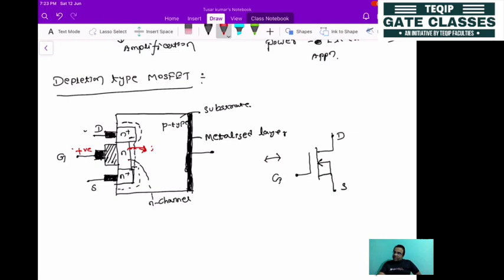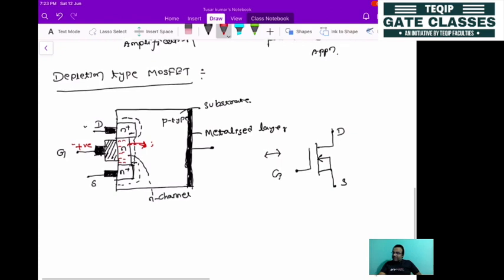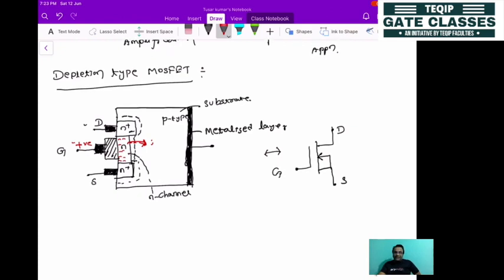If you make the gate positive, the electrons, which I am marking with a negative sign, will come close to the gate metallic terminal. The electrons will be accumulated here and form one channel of charge carriers. The channel is already there, but it will form a channel of charge carriers if you apply a positive voltage.